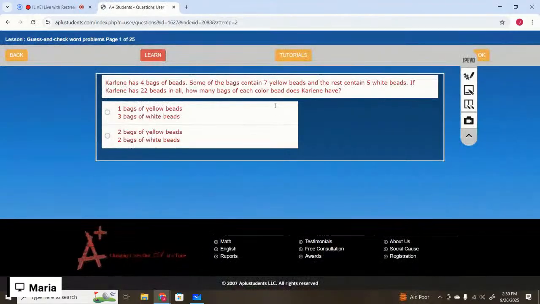Caroline has 4 bags of beads. Some of the bags contain 7 yellow beads and the rest contain 5 white beads. If Caroline has 22 beads in all, how many bags of each color bead does Caroline have?